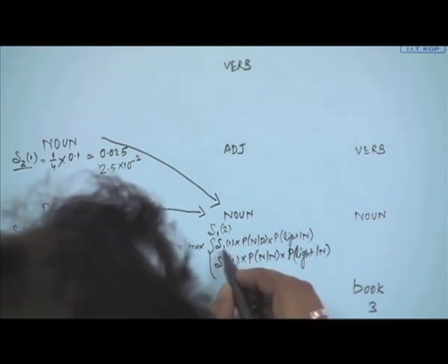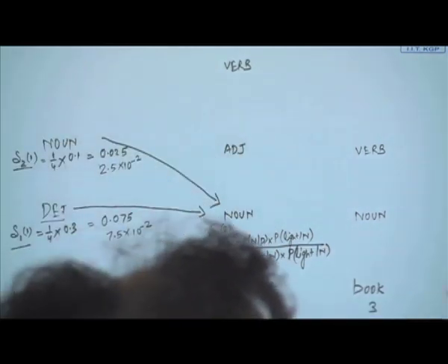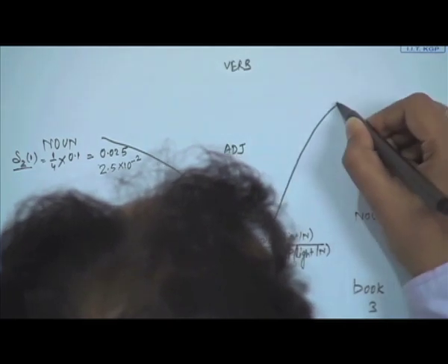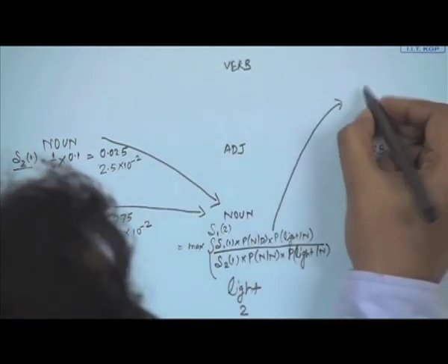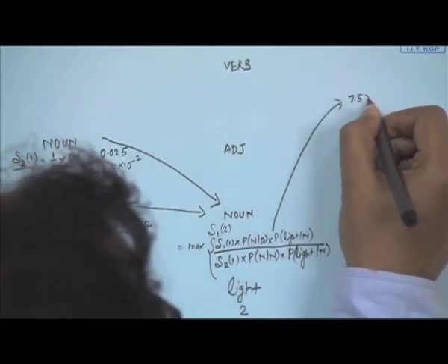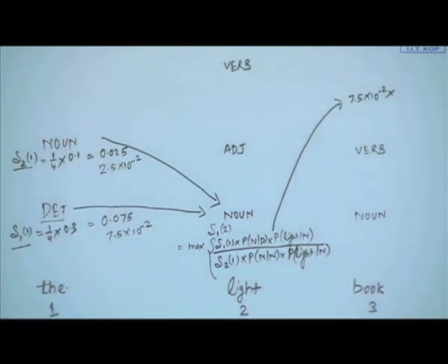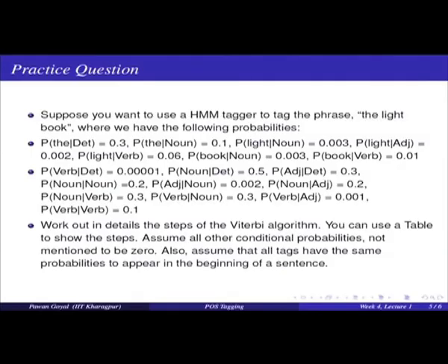So this would be, so let me take it here, 7.5 into 10 to the minus 2 times probability of noun given determiner. So that we can see from the table given to us.